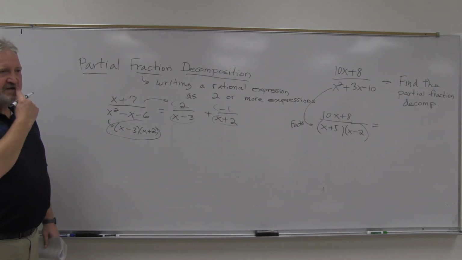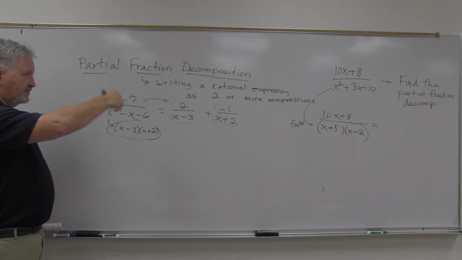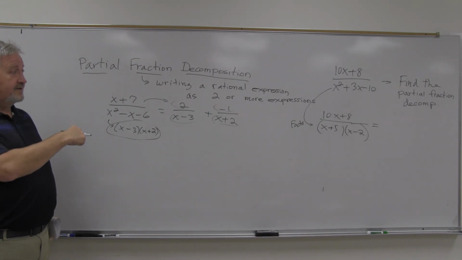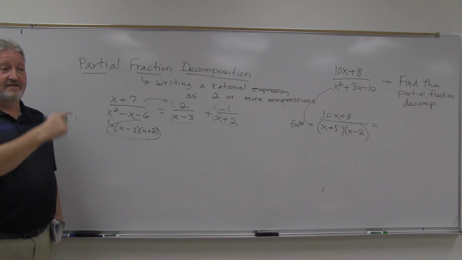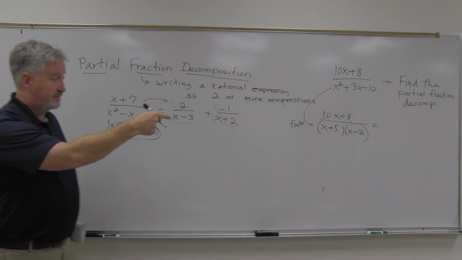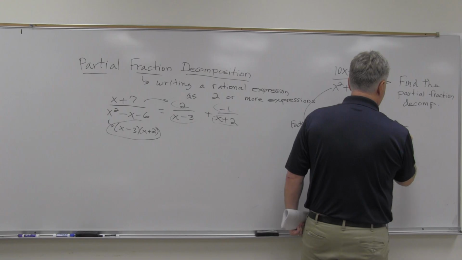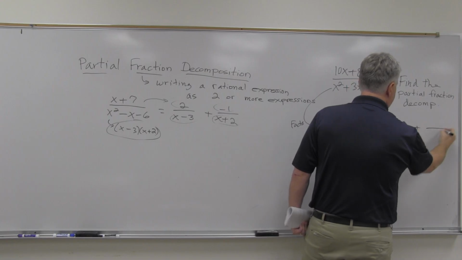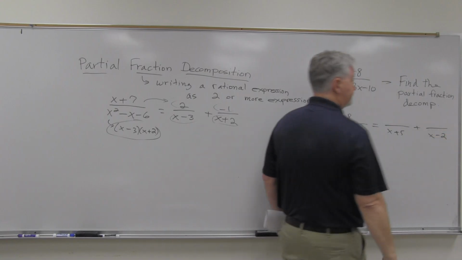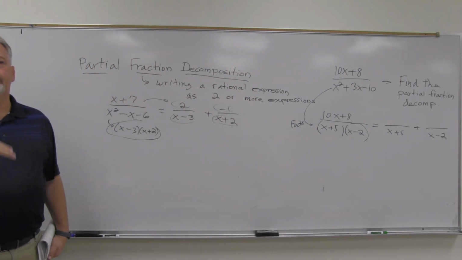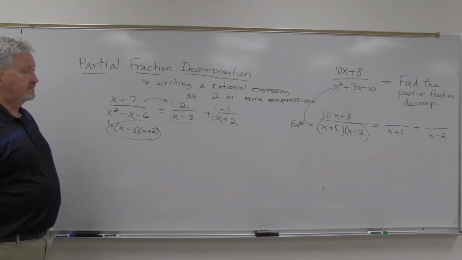So that's step 1. Step 2 is, what I know from what we just talked about is that one of the partial fractions has to have a denominator of x plus 5. The other has a denominator of x minus 2. So make, on the other side, two fractions with those denominators.